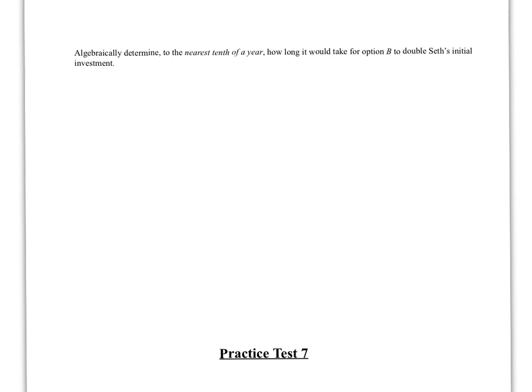Okay, and lastly, the last part of this question asks how long it's going to take for option B to double Seth's initial investment. So, remember his initial investment was $5,000. If we want to double that, then obviously we're going to end up with $10,000. And then we have 1 plus.